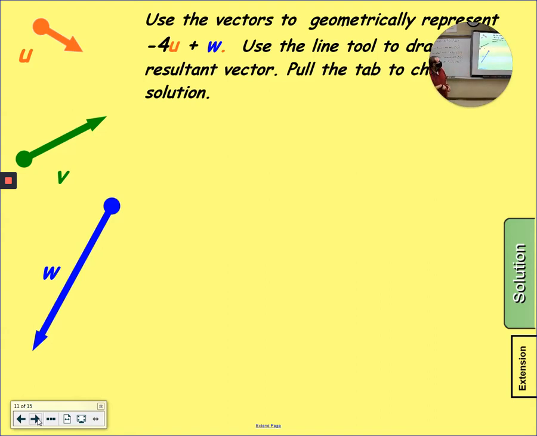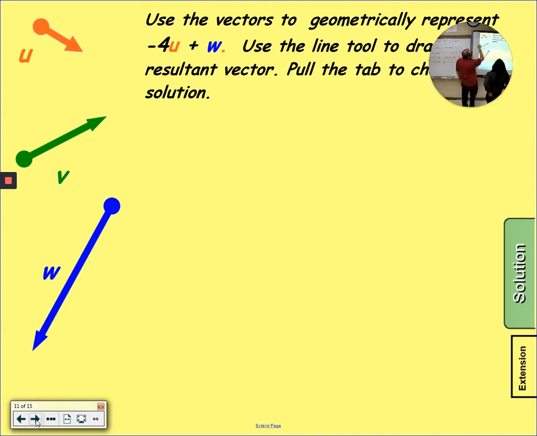Let's represent negative 4U plus W. So how would I go negative u? I'm going to give you a little hint here.